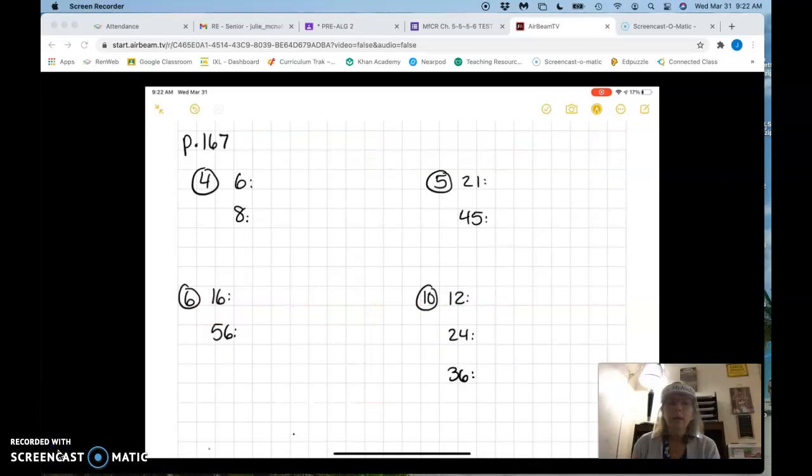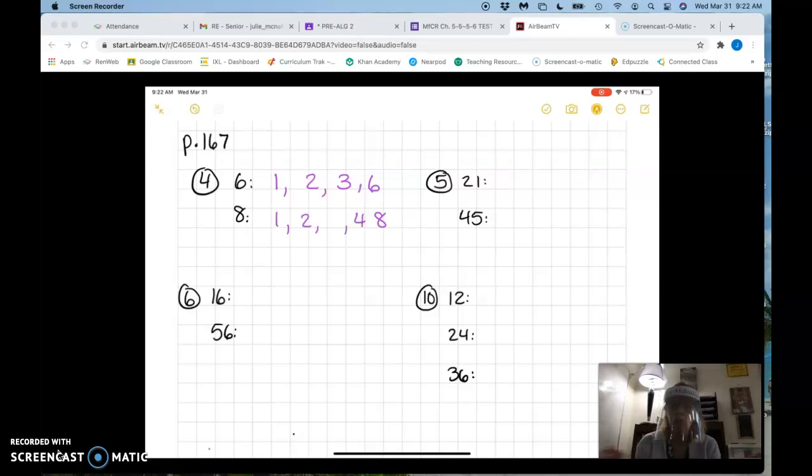Again, I'm going to start out by writing all the factors of each number. So for 6, always start with 1 and 6. And what else equals 6? 2 and 3. And 2 and 3 are right next to each other, so I'm done. And what about 8? 1 and 8. 2 and 4.